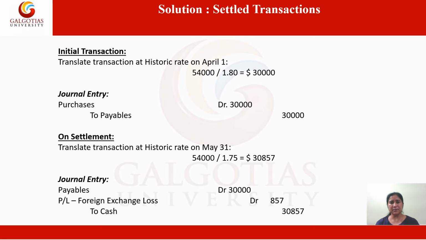The resultant journal entry on the date of settlement will be payables debit with the amount of $30,000, profit or loss account related to foreign exchange loss to the extent of $857, to cash account with the amount of total payment which will be on the date of settlement, that is $30,857.